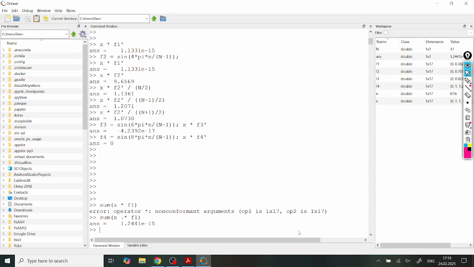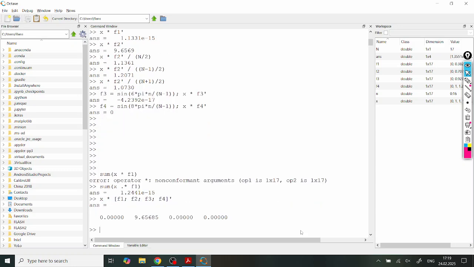But if I deal with matrices, I can do stuff like this: x multiplied by, and I list them all here, f1, f2, f3, f4, and however many else I want. Then I transpose them, and you get all of them in one go. That actually makes it much faster. You won't have to make a for loop to go through all of them individually.